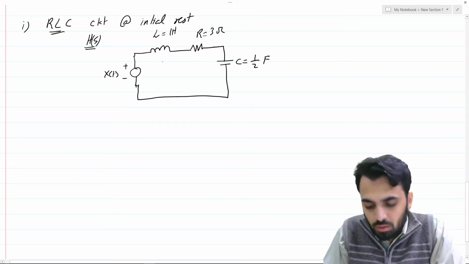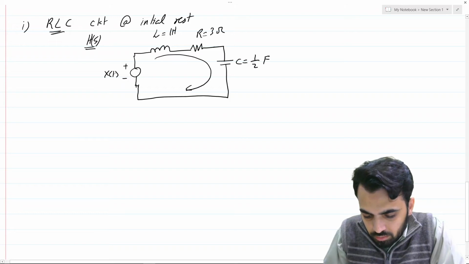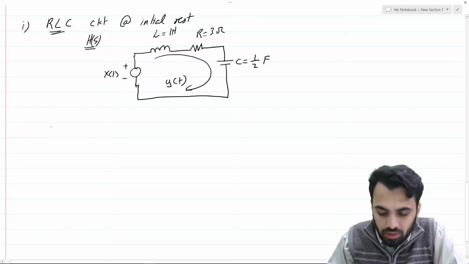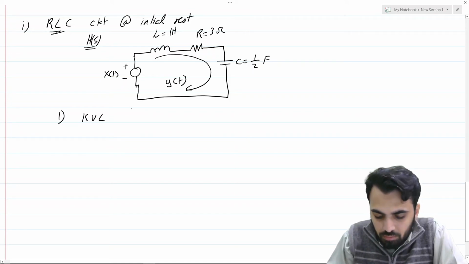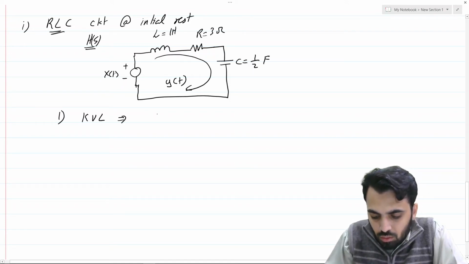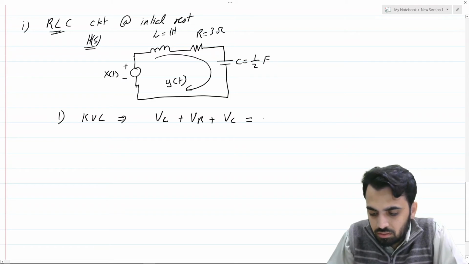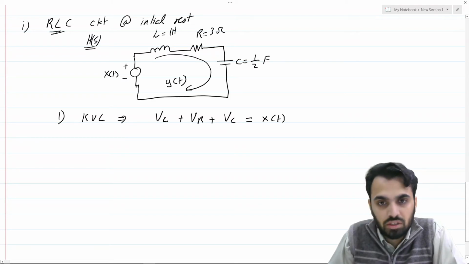And we are interested in the output current that we term as y(t). So as a first step, we can use the KVL, and from that, voltage across the inductor plus voltage across the resistor plus voltage across the capacitor would be equal to the input voltage x(t).